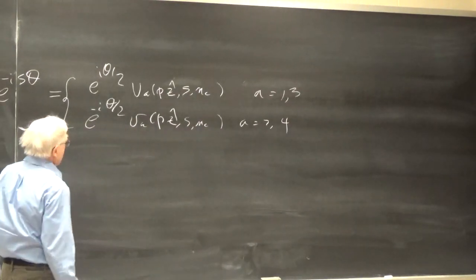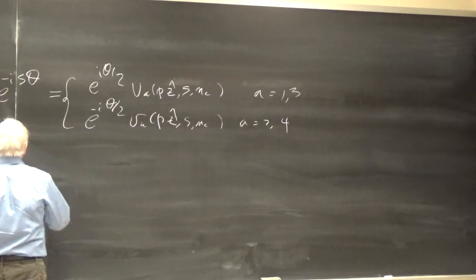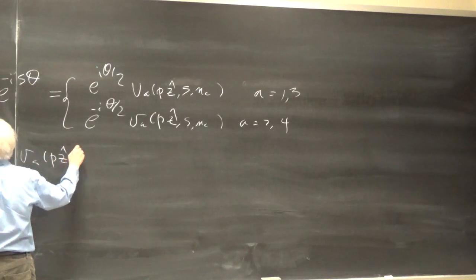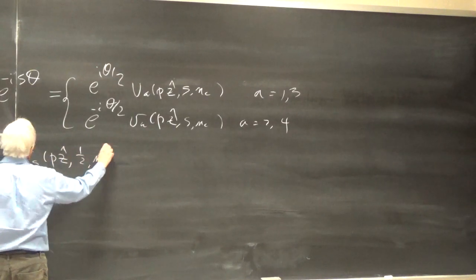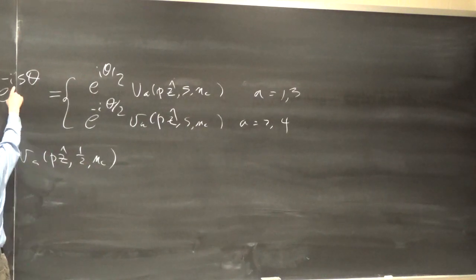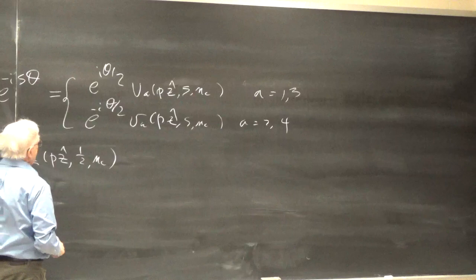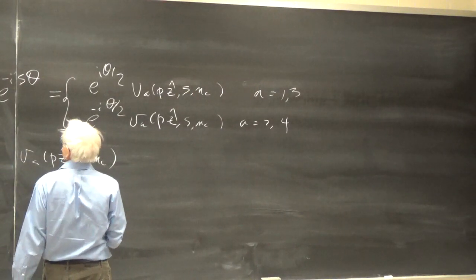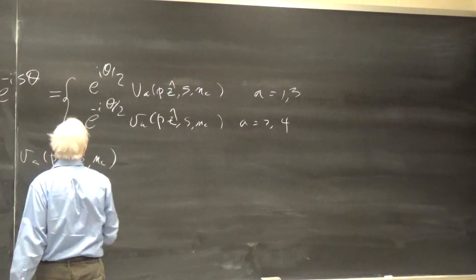Okay, so how is this going to work? It's that if we have v_a of p z-hat, plus a half, n, c, then we want a plus a half, and let's see, did I just screw this up?